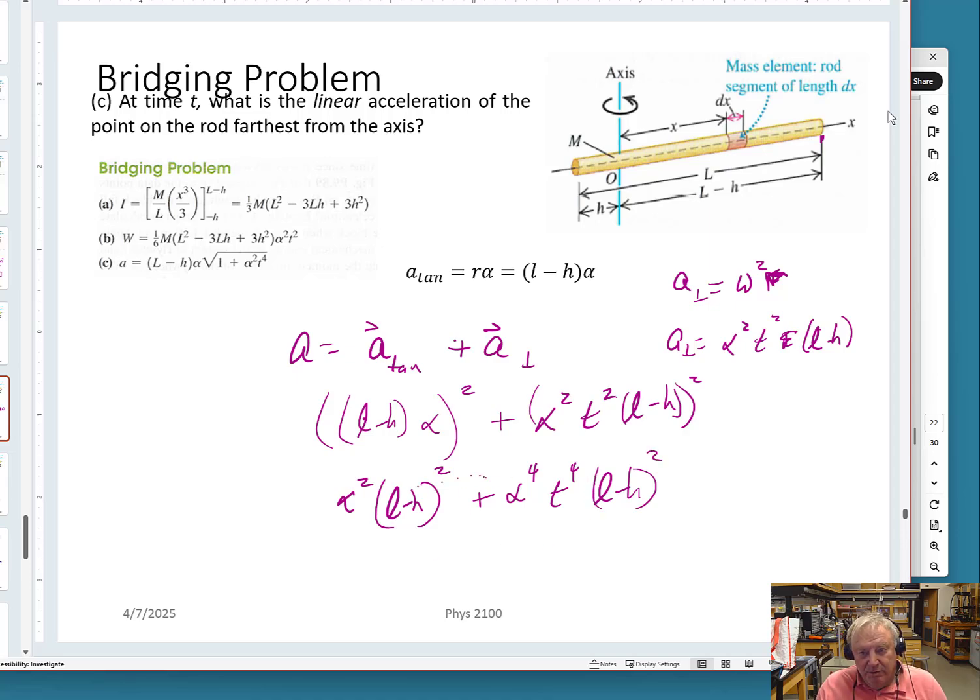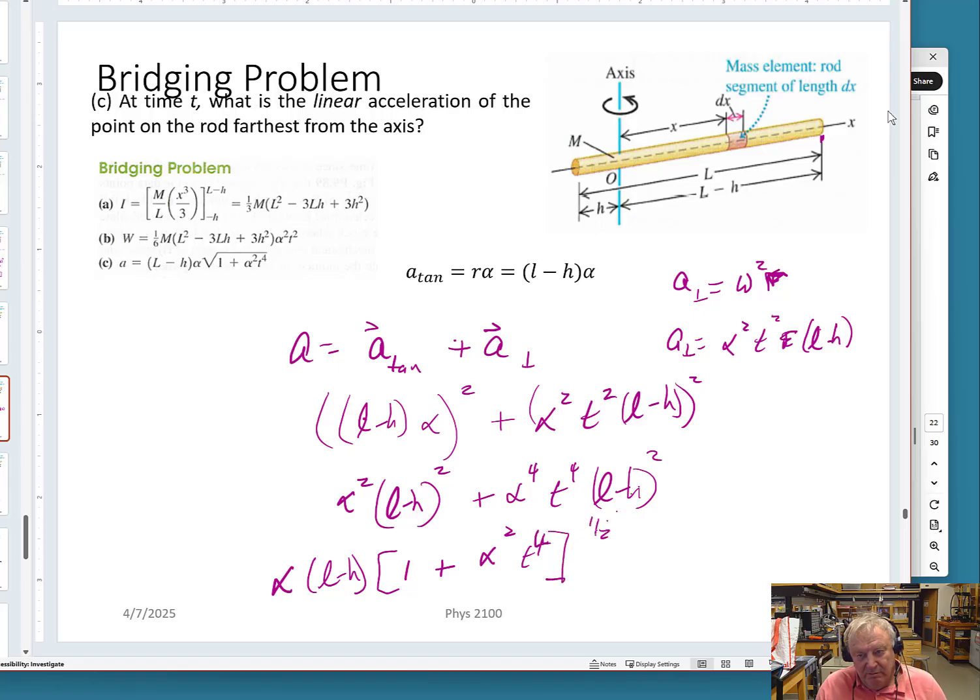Right, so we can pull out an alpha squared, so that's alpha times L minus h, and so we had 1 plus alpha squared t to the fourth, all to the 1/2. We're pulling an alpha squared and L minus h squared out from under the radical, so then they drop their squareds.